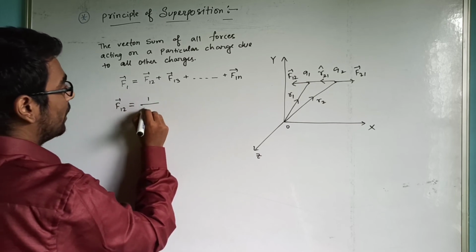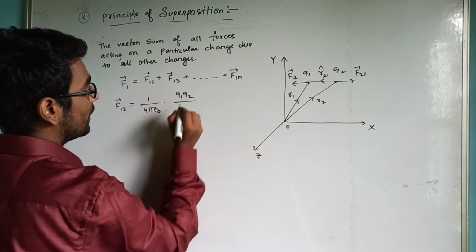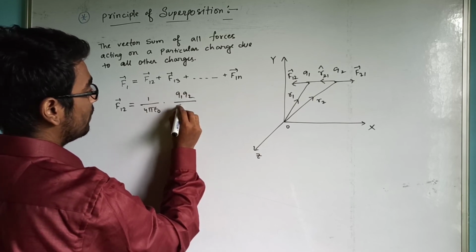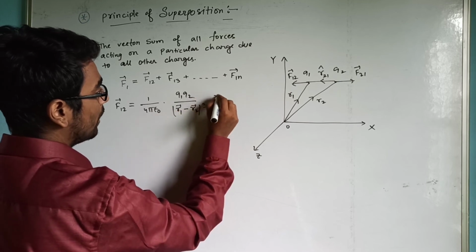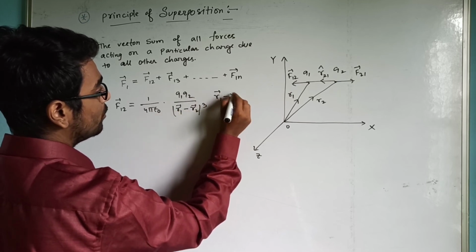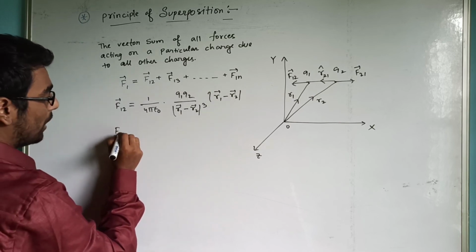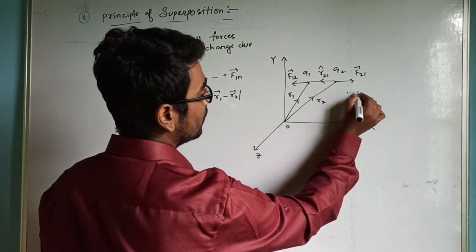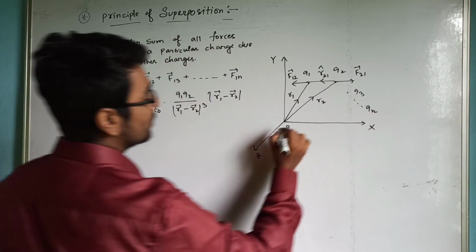It will be 1 by 4 pi epsilon naught Q1 Q2 by the magnitude of R1 vector minus R2 vector whole cube, into R1 minus R2 vector.